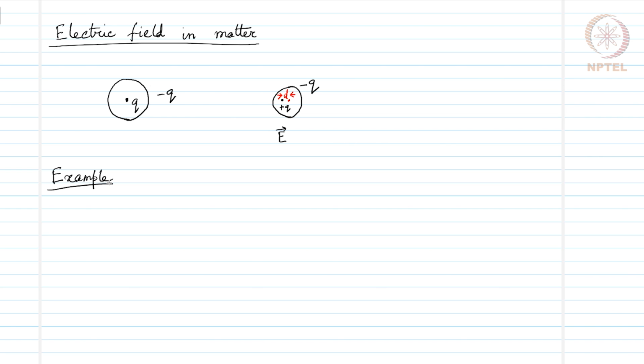We consider a primitive model of an atom consisting of a point nucleus with plus q charge surrounded by a uniformly charged spherical cloud of electrons, and the radius of that spherical cloud of electrons is a. Now, the problem asks us to calculate the atomic polarizability of such an atom.